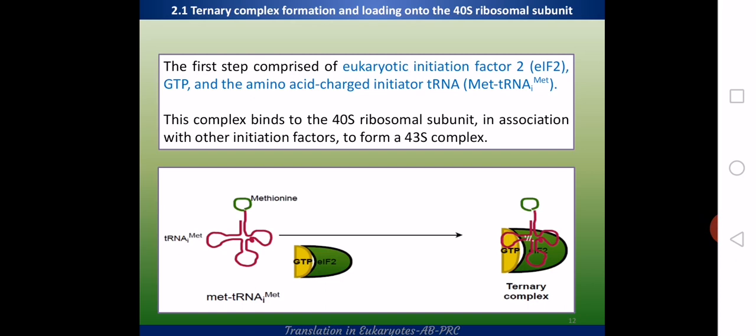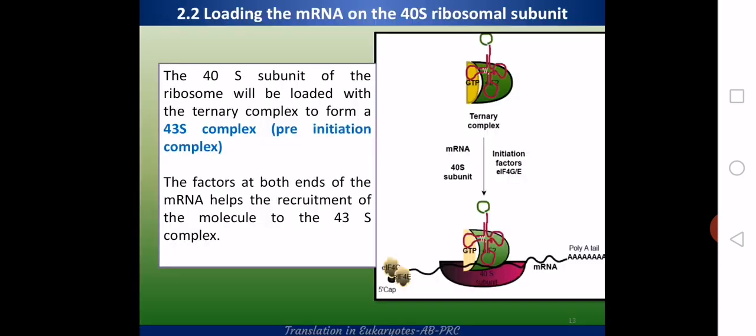You can see there, this is the ternary complex, which consists of the tRNA with methionine, then eIF2 and GTP. In the second stage, this ternary complex is loaded onto the small subunit of the ribosome, the 40S subunit, and forms a 43S intermediate complex. This is otherwise called a pre-initiation complex.